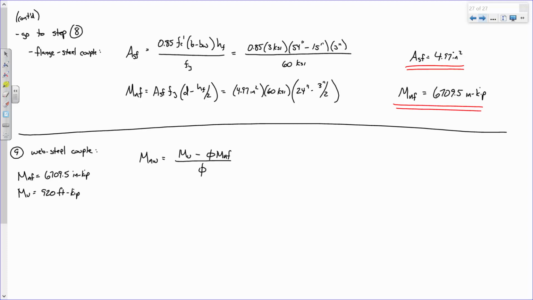Since we're in design mode, I think what you ought to do whenever you're in the design phase is pick a unit system and stick with it. And since your beam dimensions are in inches and your FC primes and your FYs are in KSI, convert to inch kips. So take that MU, convert it into inch kips. So what's 920 times 12? 11,040.